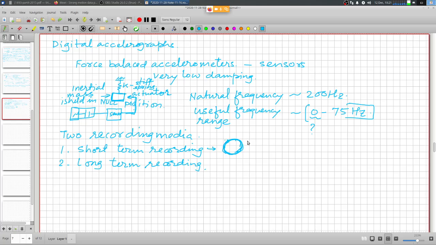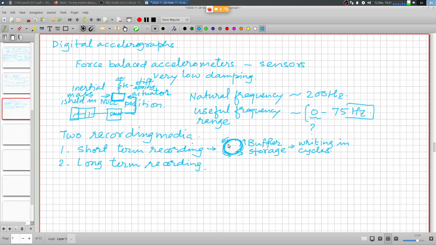So we call it buffer storage, and it is being written in cycles. After the cycle is complete, it will just overwrite whatever was there earlier.